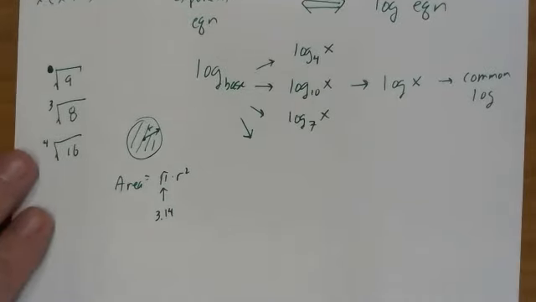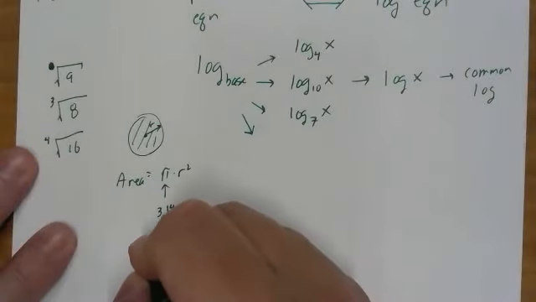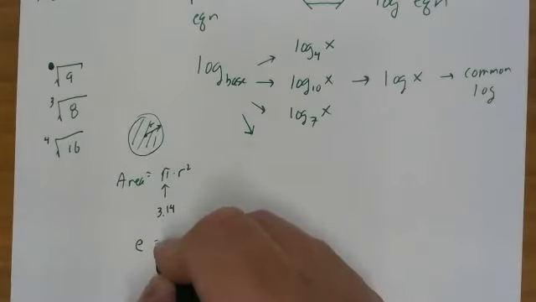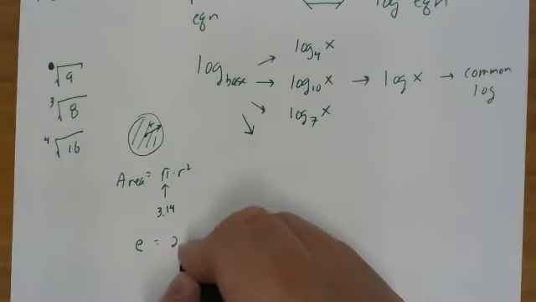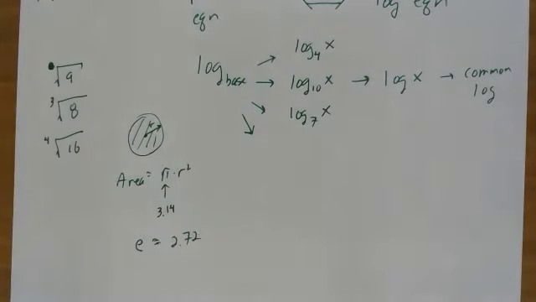There's another special number in math, and that's the value of E. Whenever you see E in math, that's also really a number. In the world of math, E is approximately 2.72. Once again, it goes on and on.